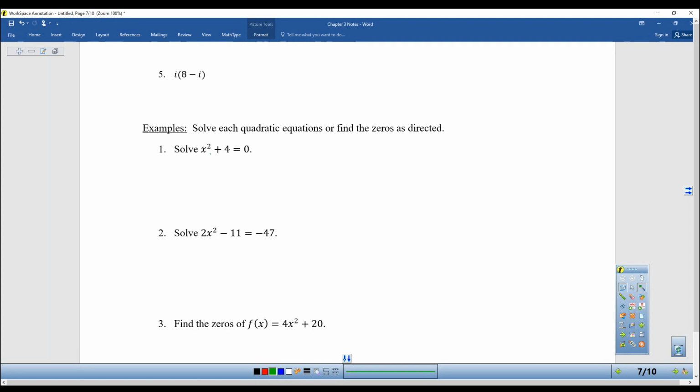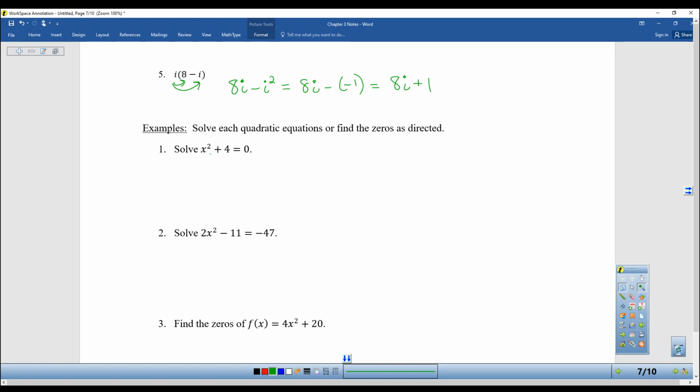Last one in this section. It's not FOIL, it's just distribute, which would give me 8i minus i squared, which is 8i minus a -1. i squared is -1, which is 8i plus 1. So now we've learned how to add, subtract, and multiply i.